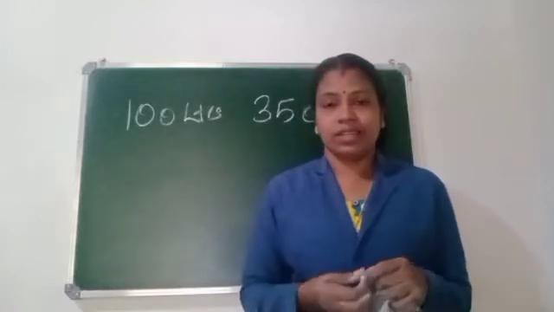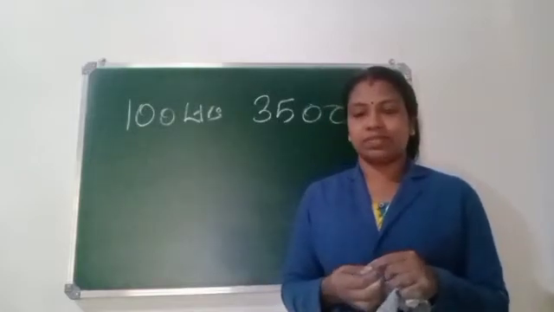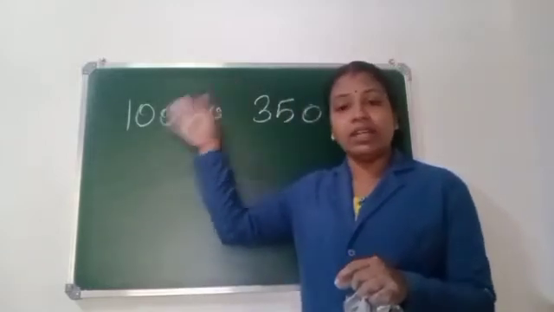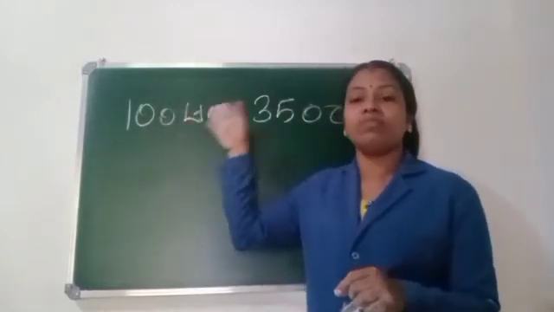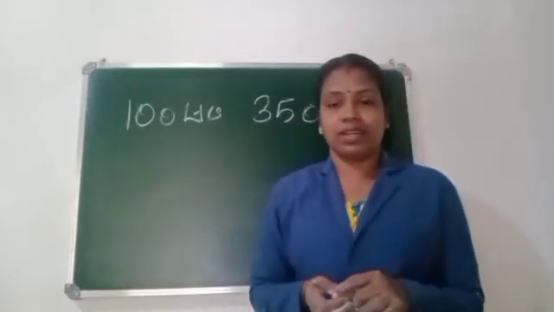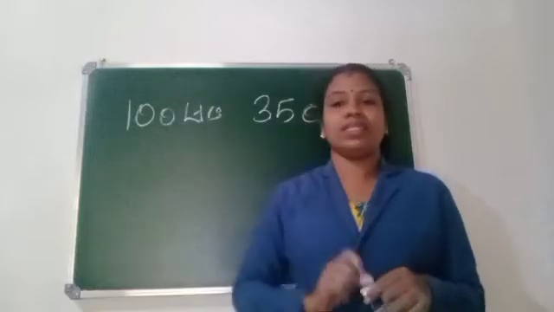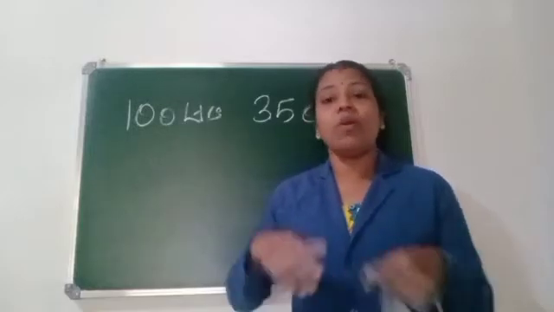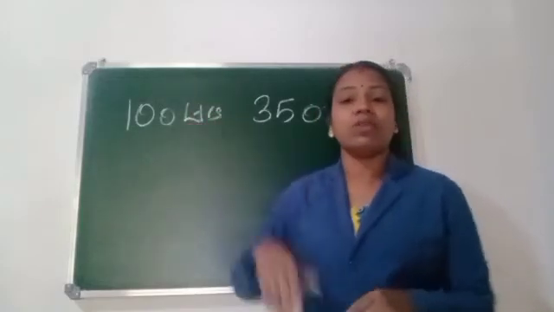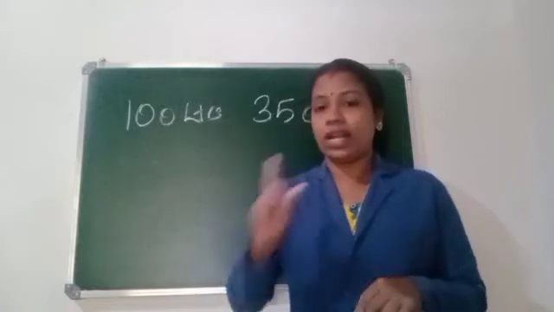How will you find the amount for 1 liter? Yes, here the total is given: 100 liters of diesel cost 3,500 rupees. We need to find only 1 liter. So, the total quantity is given and we have to find the quantity of one item only.